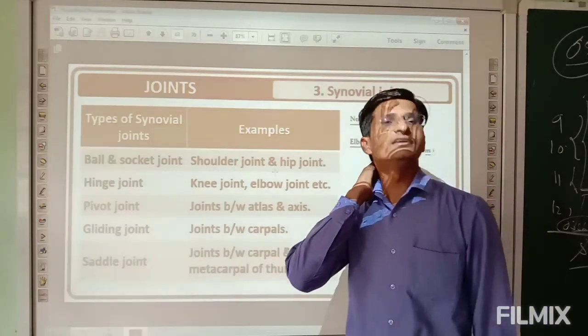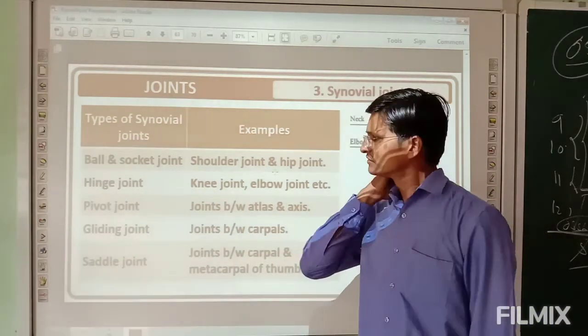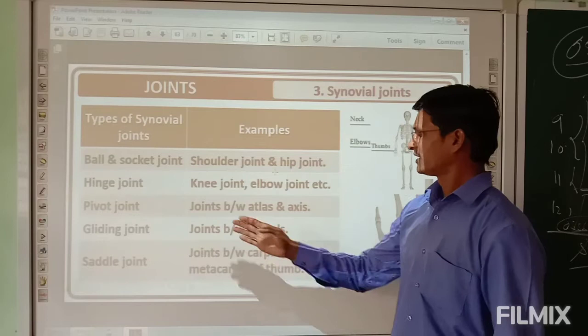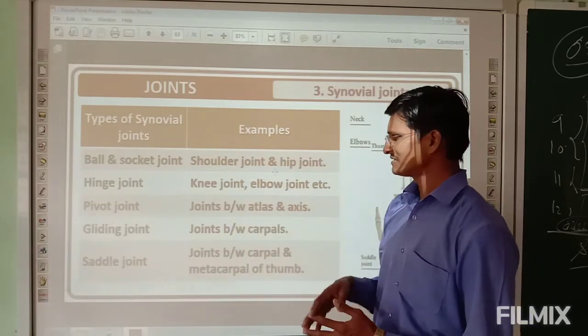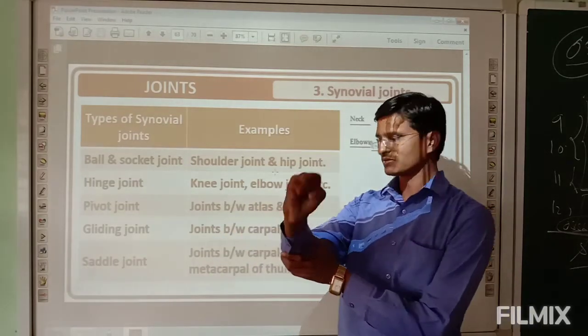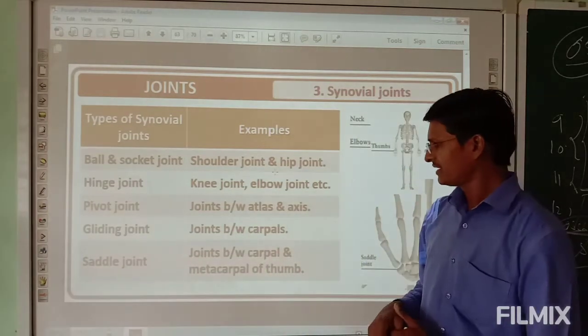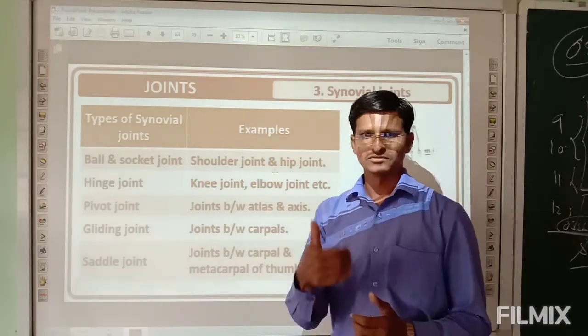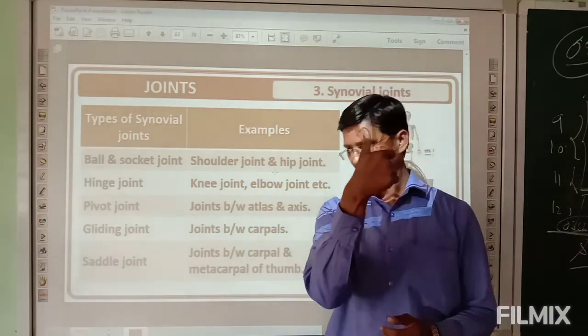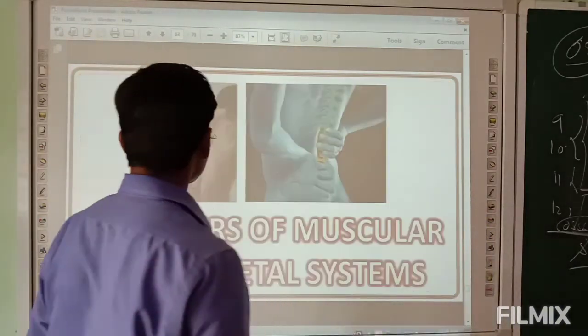The pivot joint is the joint between atlas and axis. The gliding joint, and the saddle joint between the carpal and the metacarpal of the thumb. So this is what I am talking about.